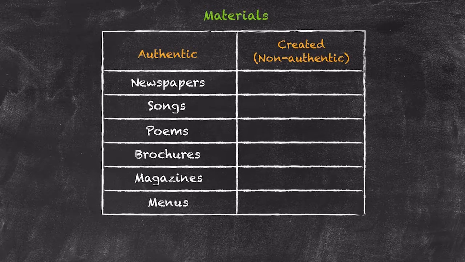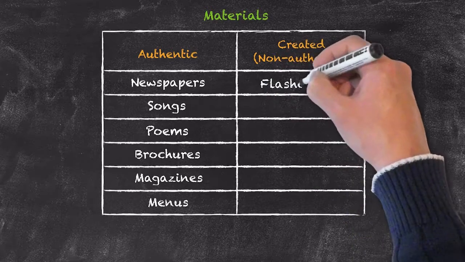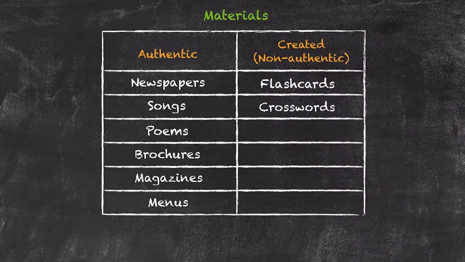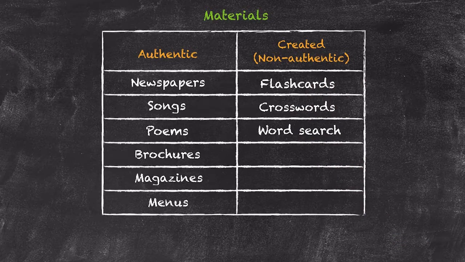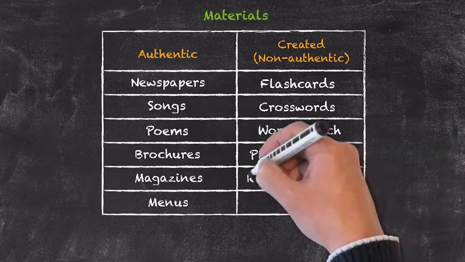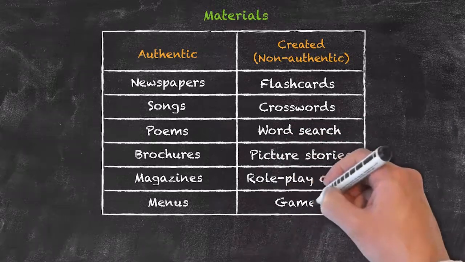Whereas created materials, as the name implies, have been produced purely and simply to be used in the classroom. Examples of these would be flashcards, crosswords that have been created within the teaching material that we've got, and at a lower level than crosswords we have things like word searches, and we could also include things such as picture stories, role-play cards and games.